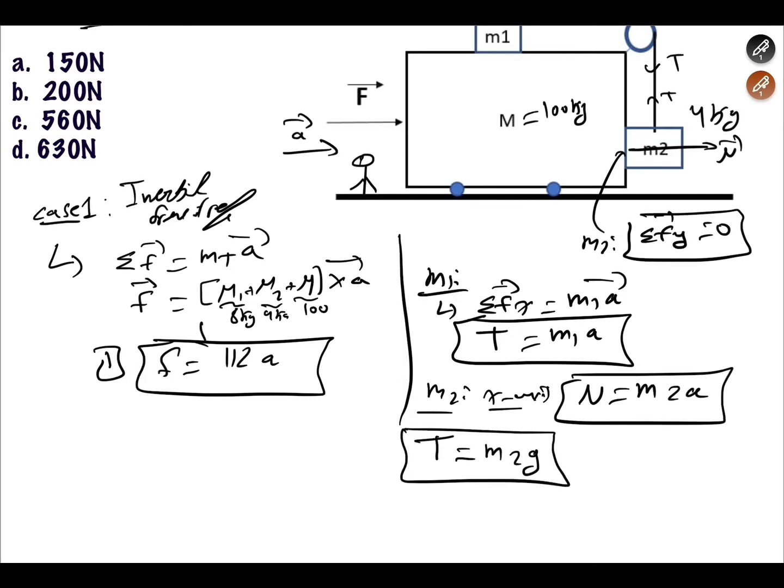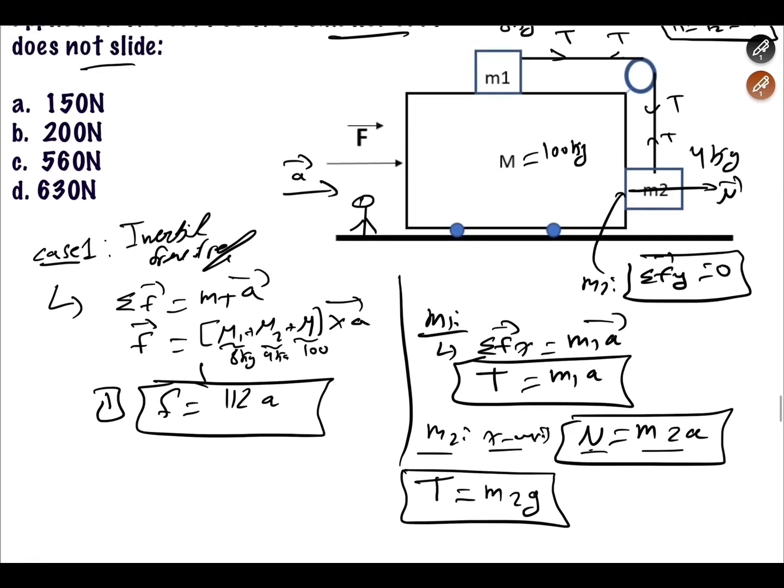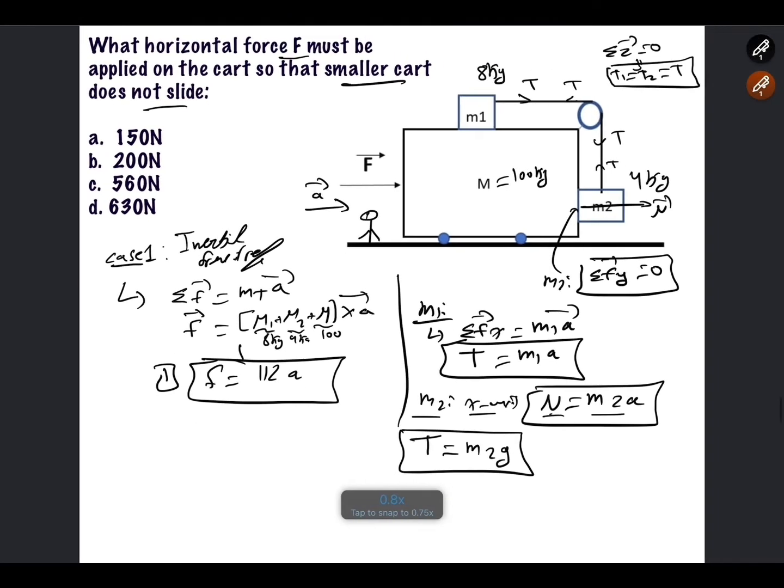Now, we will not use the formula N equal M2a in this exercise. Usually, we use it when there is a friction between M2 and the cart, so friction equal to coefficient of friction multiplied by normal force. But in this exercise, we will not use it.